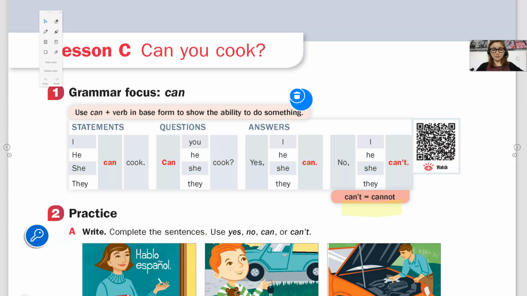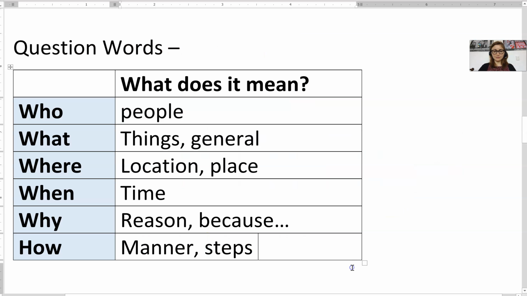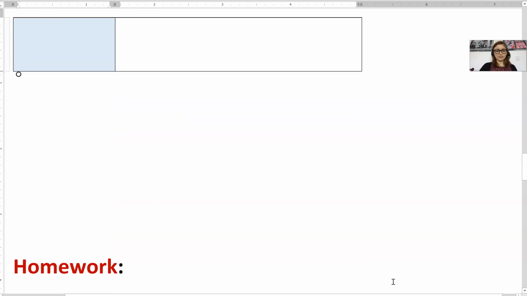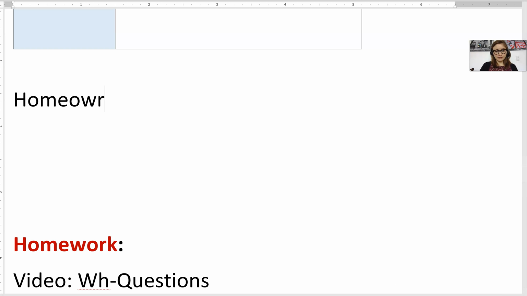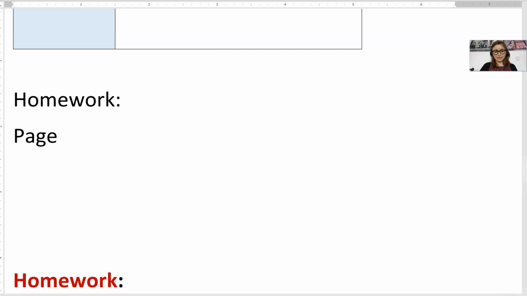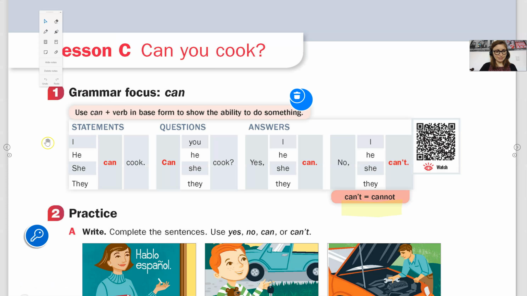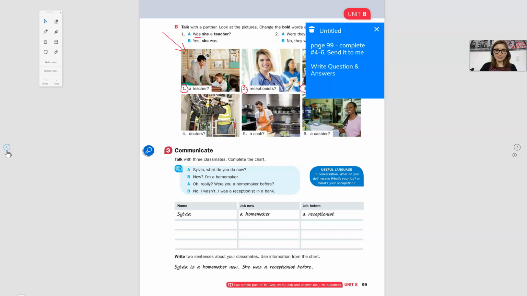All right, so let's go back to our page over here. So I'm going to write down your homework on here. I'm going to change the homework a little bit. So we had homework, page, what did we say, 98? I already forgot the homework.